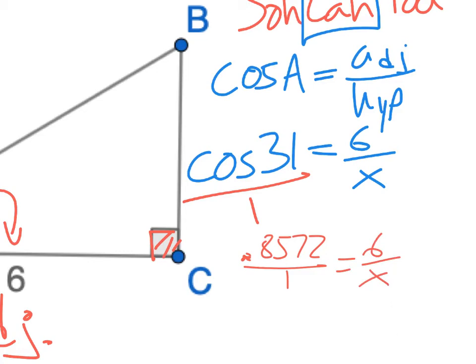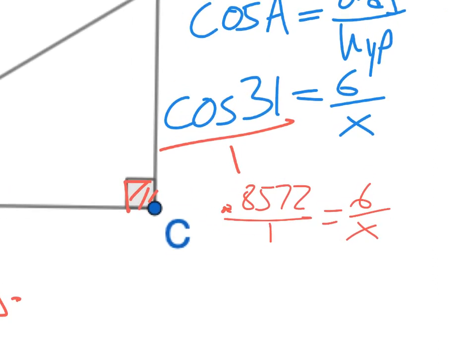Okay, we're going to cross multiply. Now watch what happens here. I'm going to do a couple steps. We're going to cross multiply because that's something we're familiar with in proportions. Whenever we have a proportion, cross multiply. 0.8572x equals 1 times 6, which is obviously just 6.